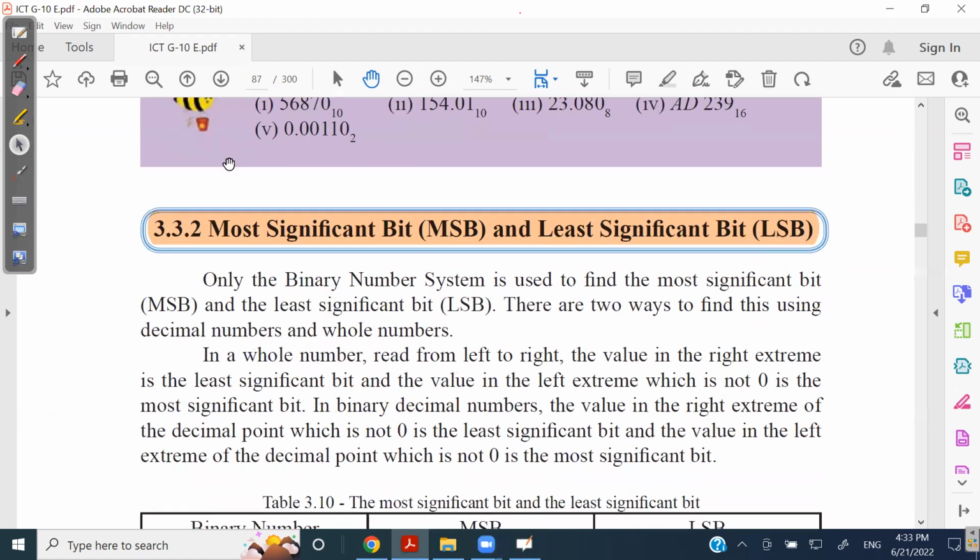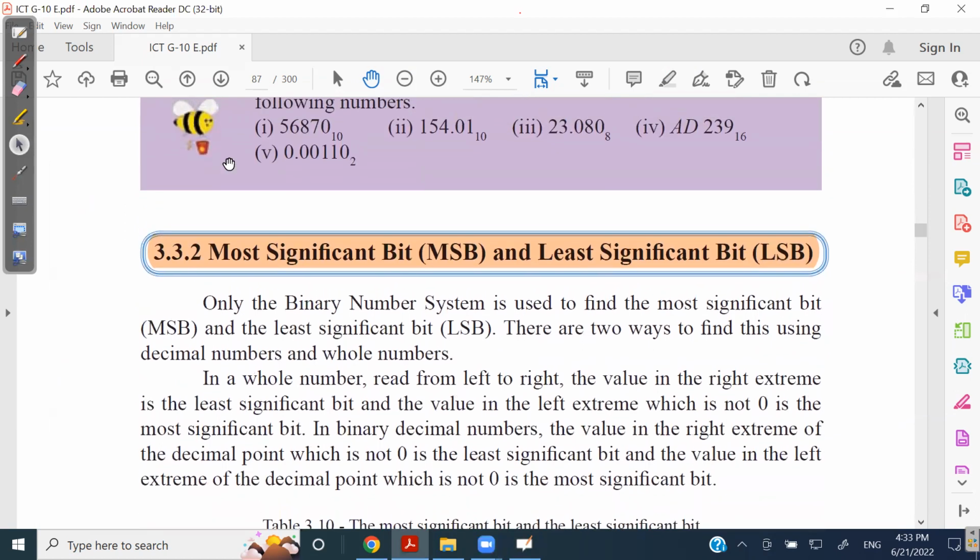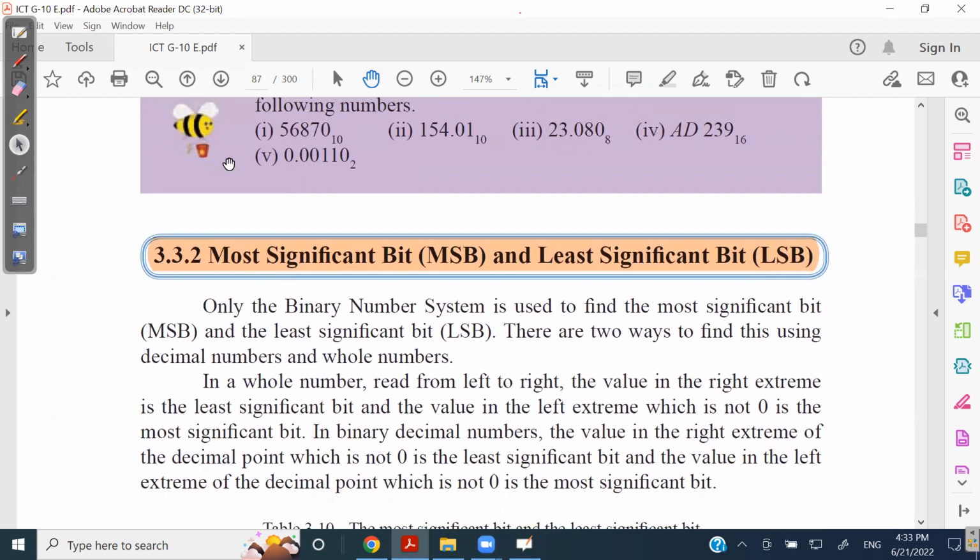Hold on. After the heading, let's write it like this, Sanushi. Then after, I'm going to explain to you again.